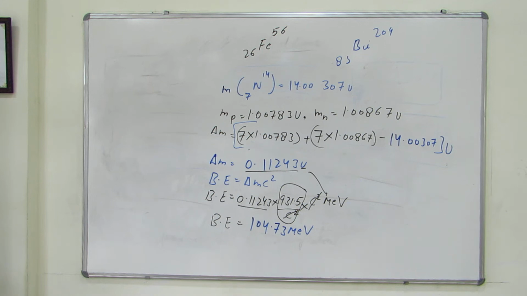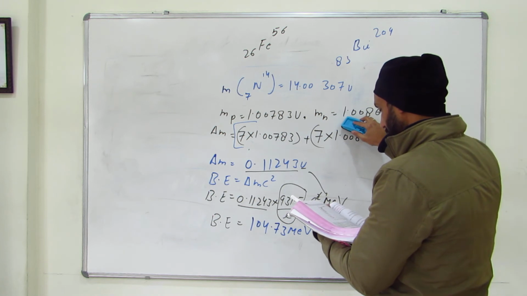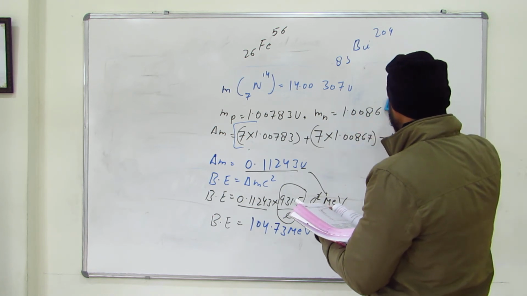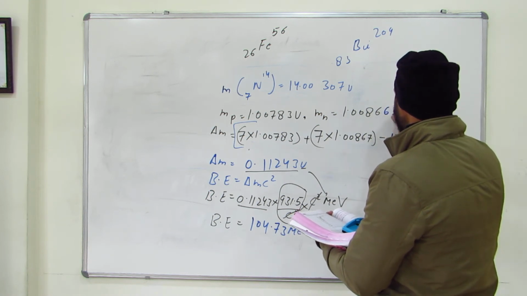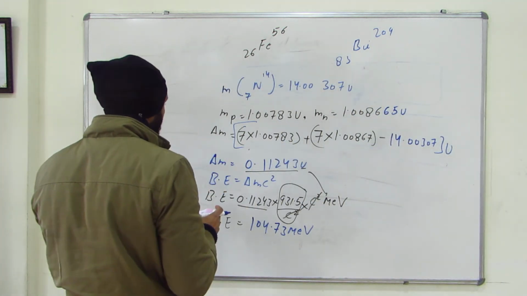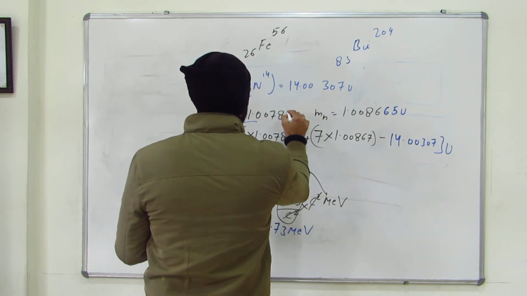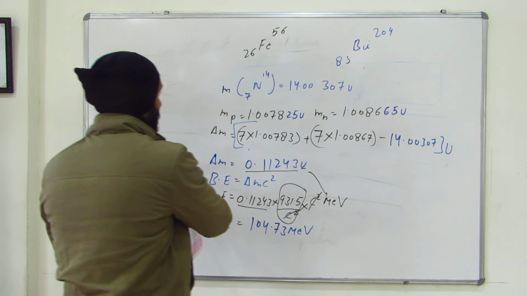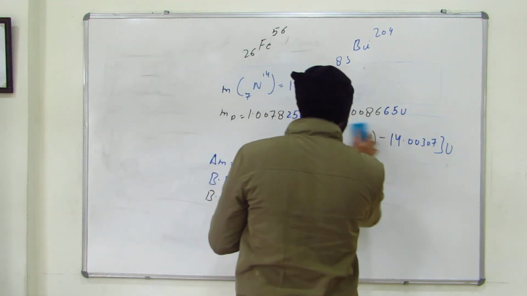And I'll write the rest of the things. Mass of the neutron is 1.008665 U, and mass of the proton is 1.007825 U. So this data is there. Now what are the other things which are given?